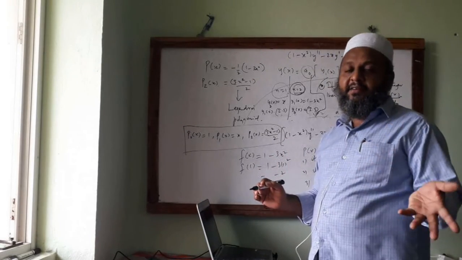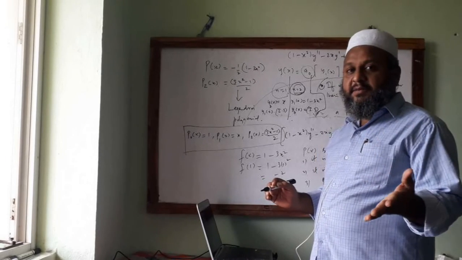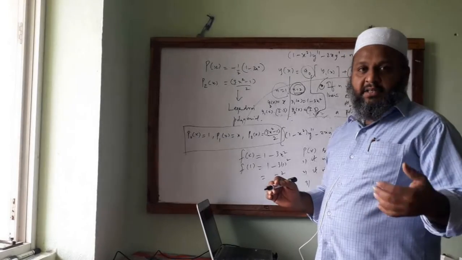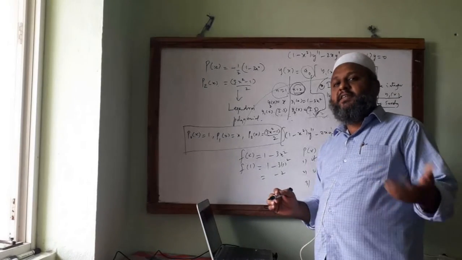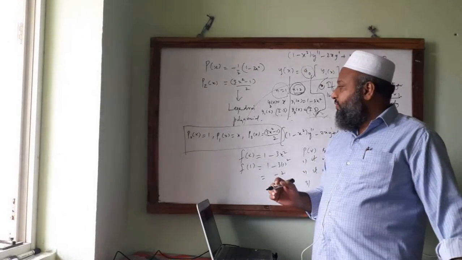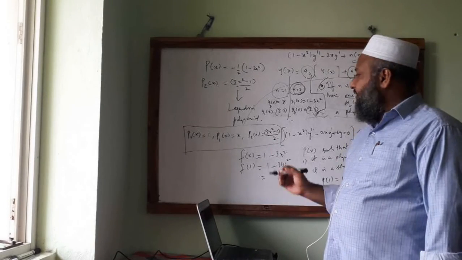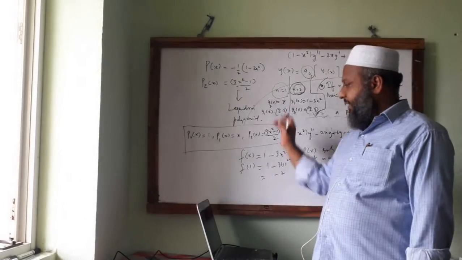You can find p10, p100, p1000, but in practical applications, they'll ask some problem, that is, express a given polynomial in terms of Legendre polynomials. At that time they'll give maximum up to x to the power of 4. So you need to remember at least up to p4 of x. Now p3 of x and p4 of x, I'll write it now.